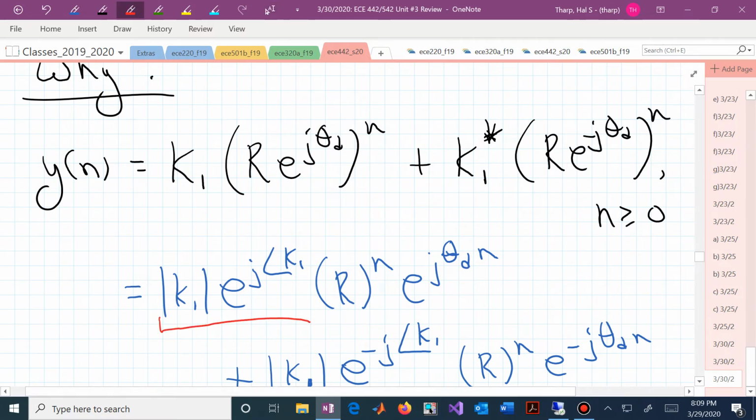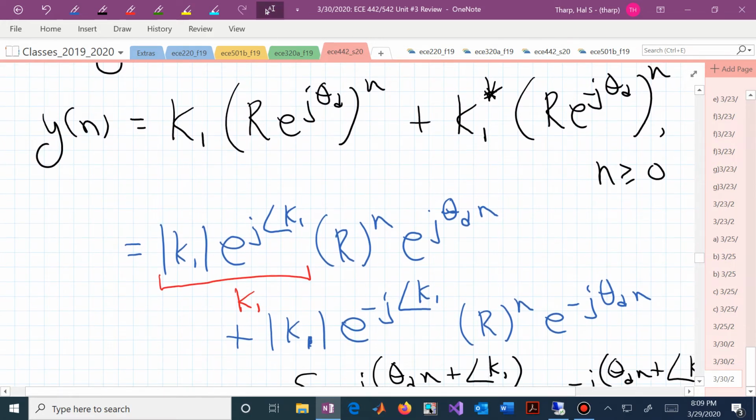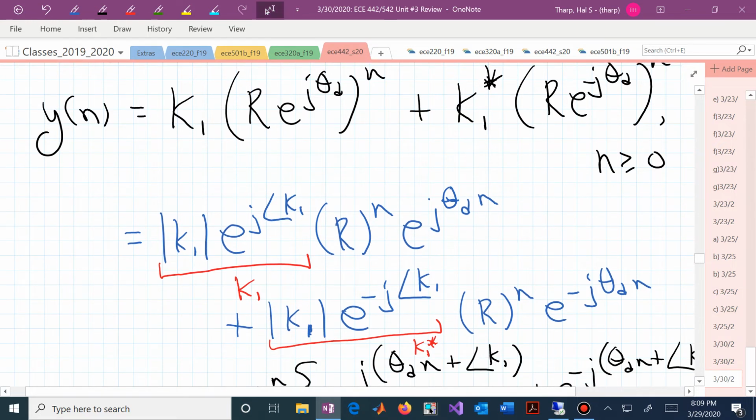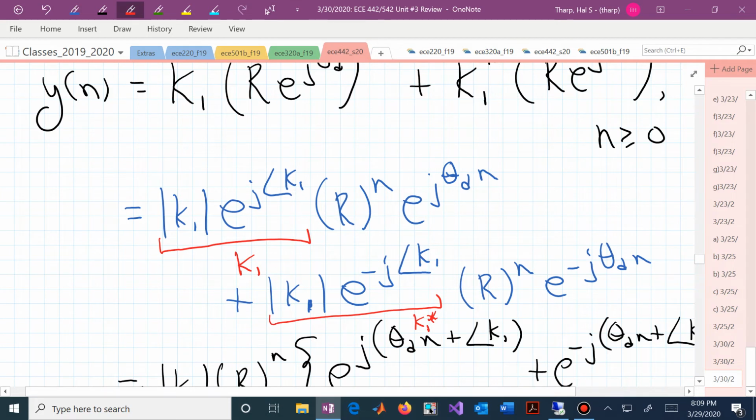This piece right there is actually K1 written in polar form. This piece is now the conjugate of K1 in polar form. That's times, or scaling, r to the n. Now I'm just looking at this piece right here. That's r to the n e to the j theta sub d n. And this second term is now K1 star r to the n e to the minus j theta sub d n.